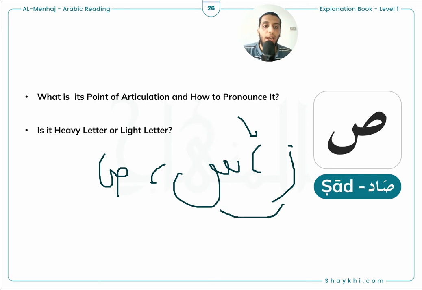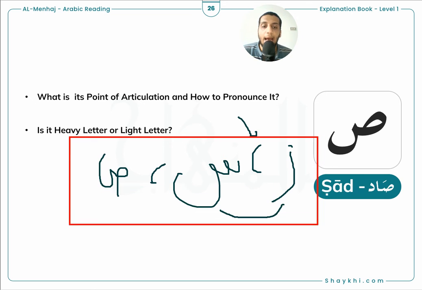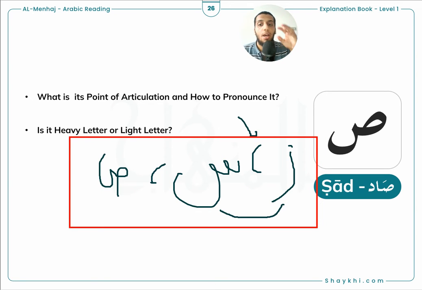These three letters have the same point of articulation and the same way of pronouncing. The point of articulation is the tongue, and the way of pronouncing is that the tip of the tongue touches the edge of the front two lower incisors.